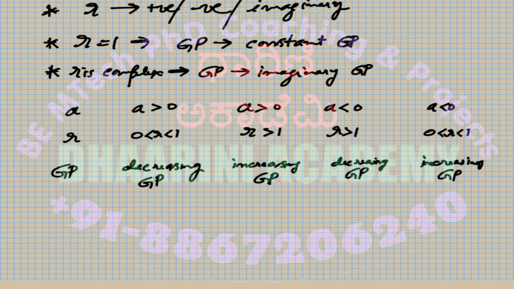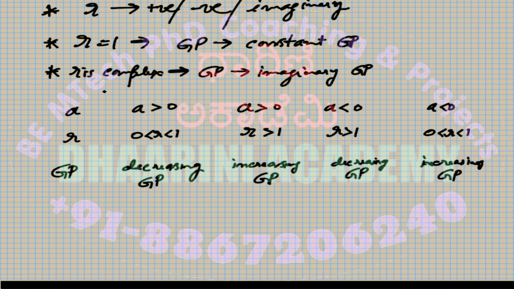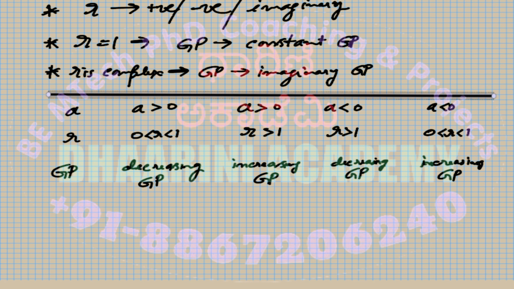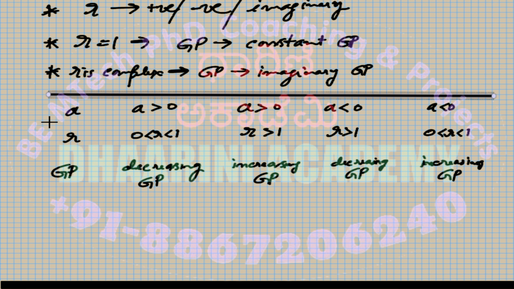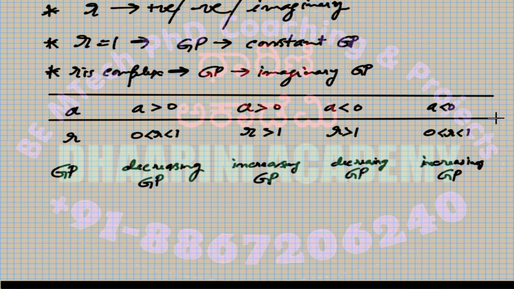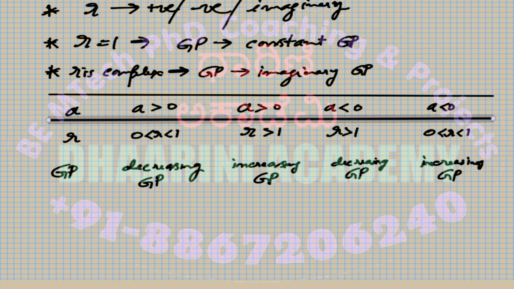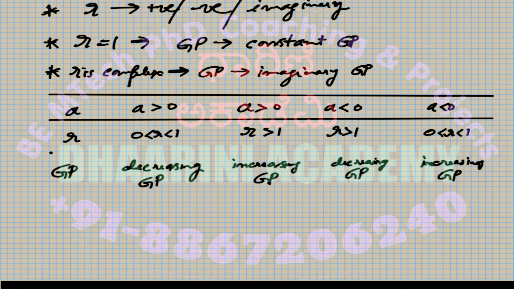So the types of GP can be decided based on the values of A and R like this. So simply by remembering this table, we will be able to decide whether the given GP is increasing or decreasing depending upon the values of A and R.